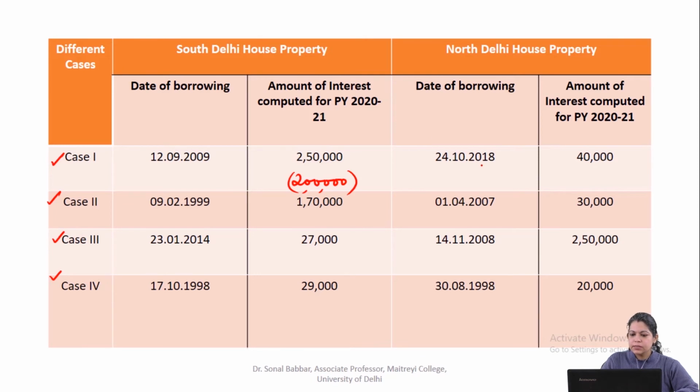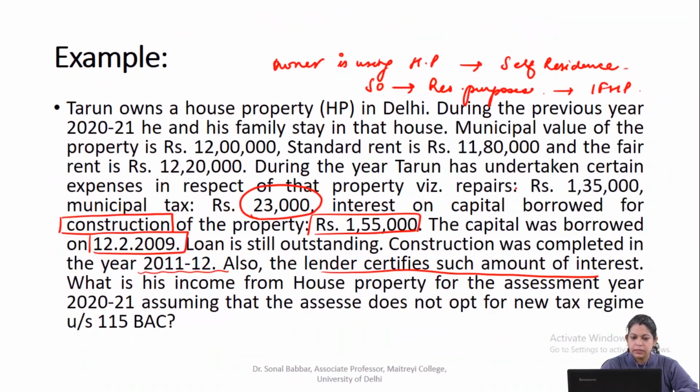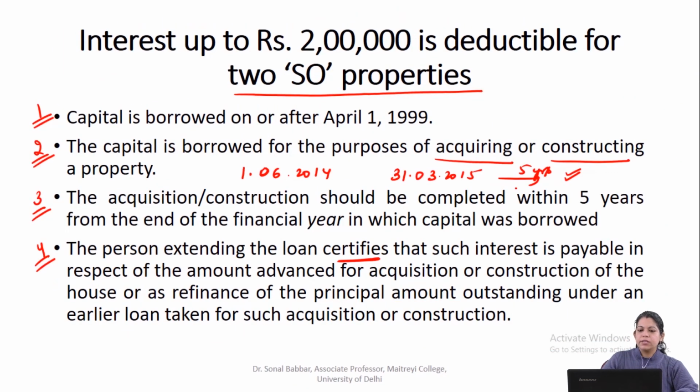Here the date of borrowing is 24th October 2018, and the amount of interest computed for previous year 2021. Here the maximum allowed will be 40,000, since on the same lines the date of borrowing is falling after 1st April 1999. But when we combine these two, if you remember when we read the conditions, interest up to rupees 2 lakh is deductible for two self-occupied properties together.